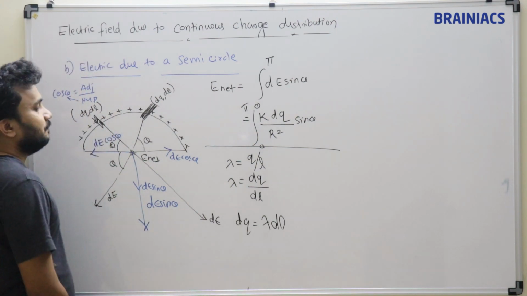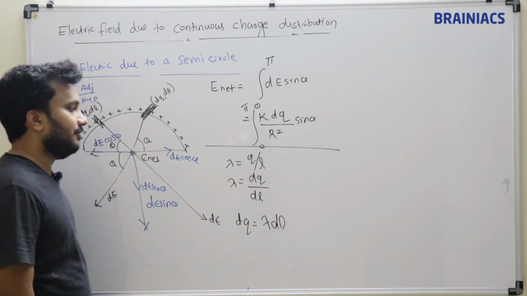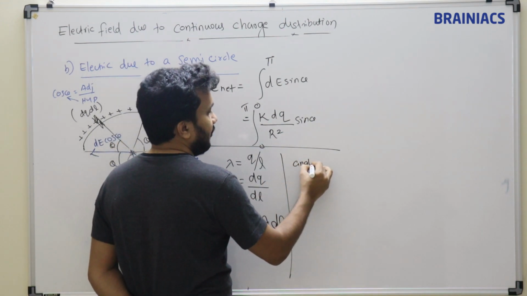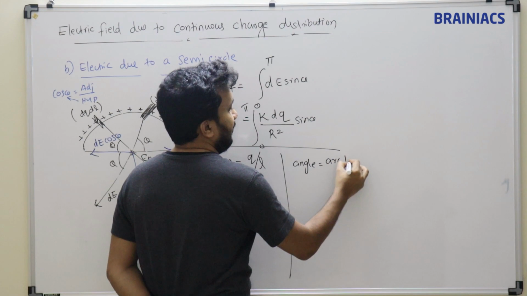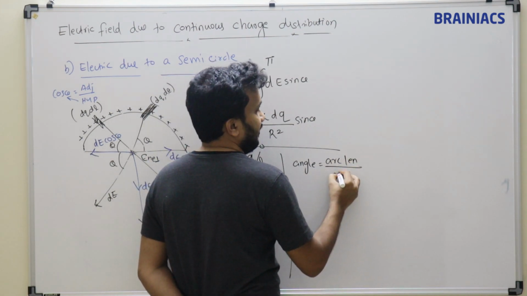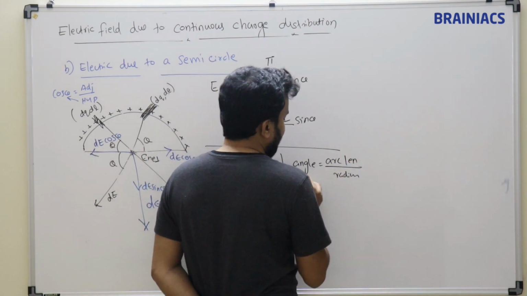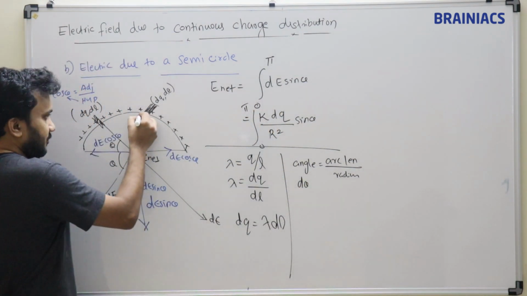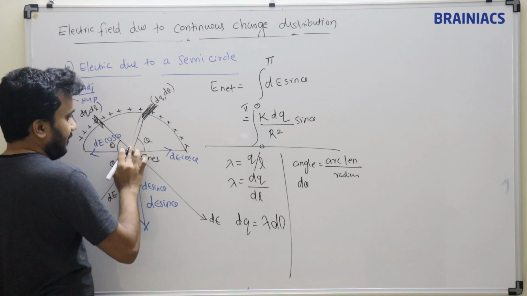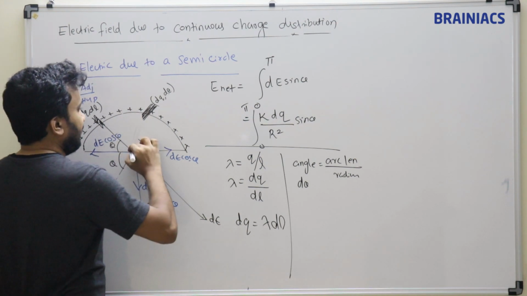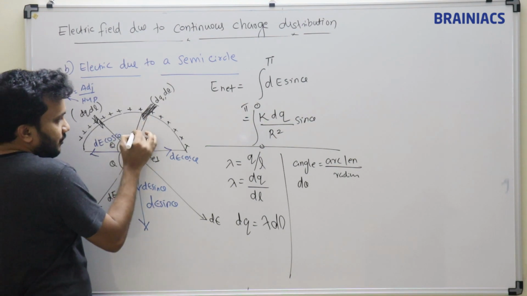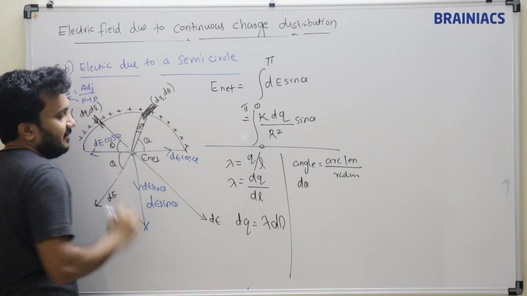What is dl? In maths you have learned a concept that angle is equal to arc length divided by radius. If the strip subtends a small angle, the strip will create an angle called d theta.